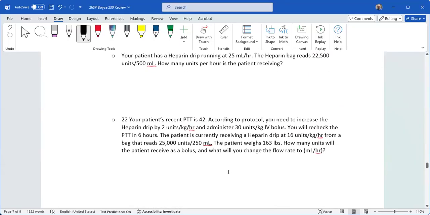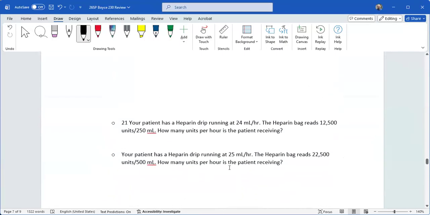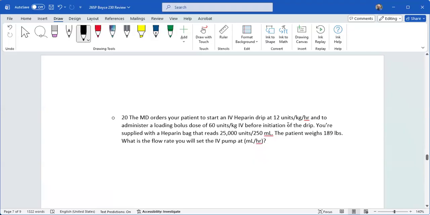So what we're gonna do is we're gonna do this question here, and I'm gonna add that our available. You need to know that my available bolus is 1,000 units per milliliter.